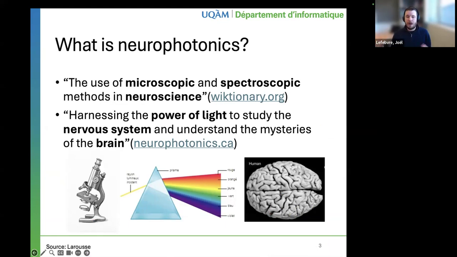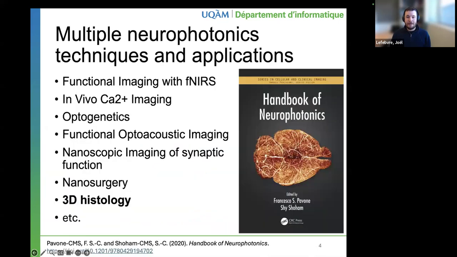That's really wide: anything that uses light to study the brain is basically neurophotonics. Another definition, from the Neurophotonics Society, is harnessing the power of light to study the nervous system and understand the mysteries of the brain.